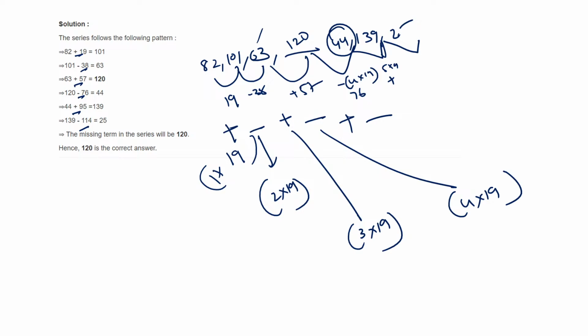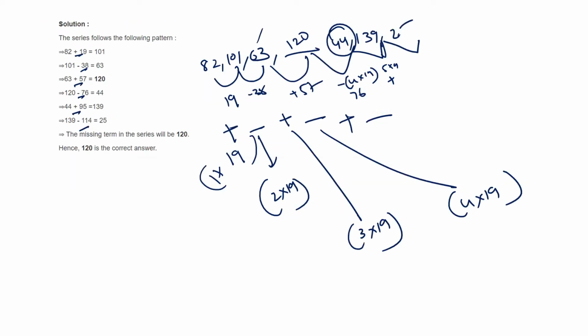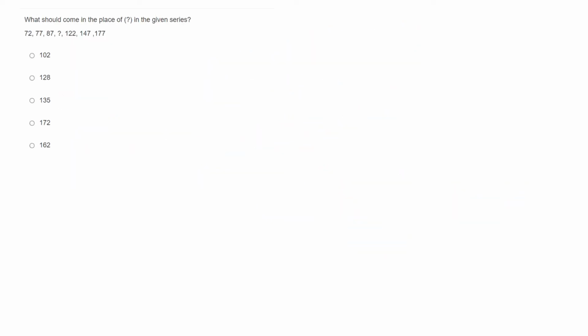Okay, anyway, can't we take the first three terms? No, see, in the number series you have to find out the original term, then you have to check the next terms also. Sometimes the options may not match your logic, because you may get the same logic for different kinds of number series. Which logic you have to follow, you will know only if you complete the series and check the options.